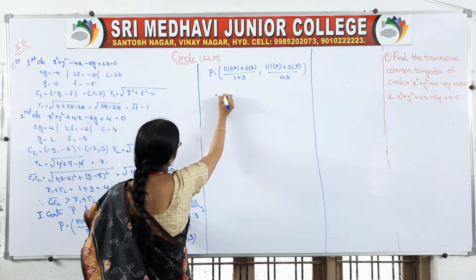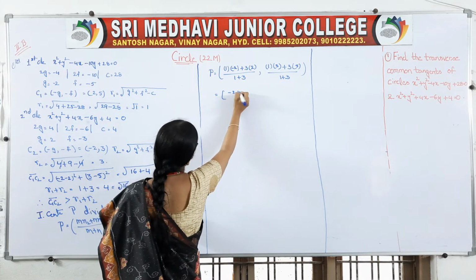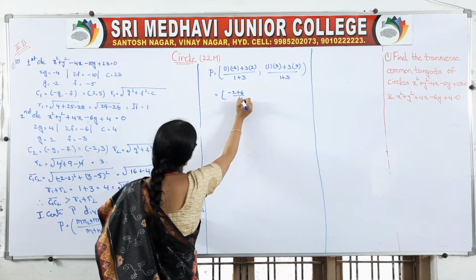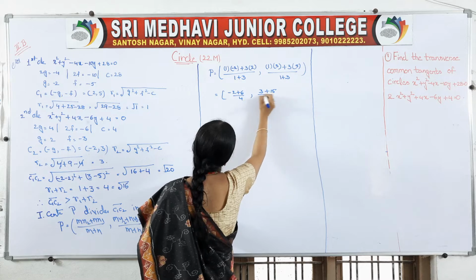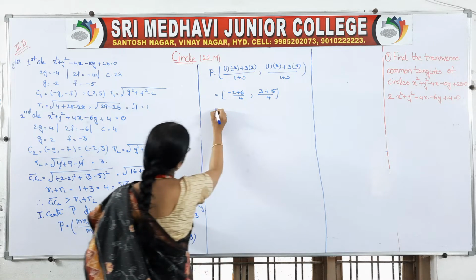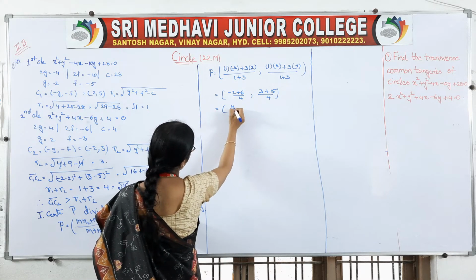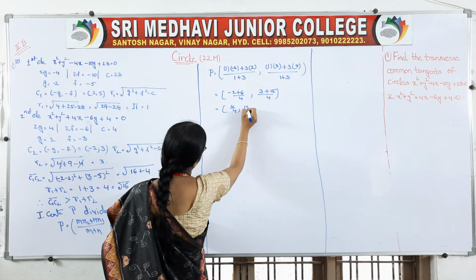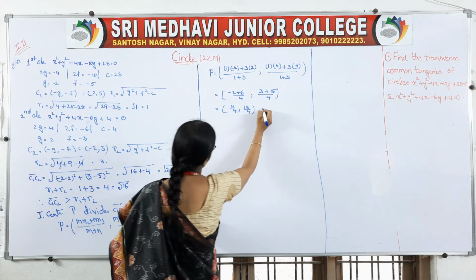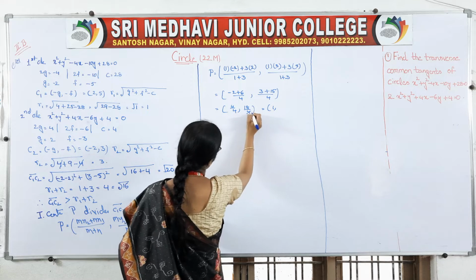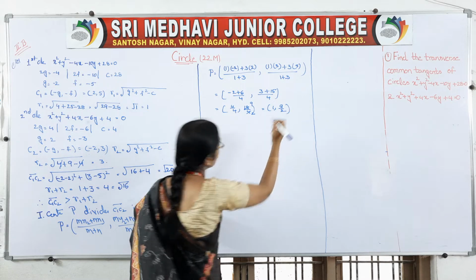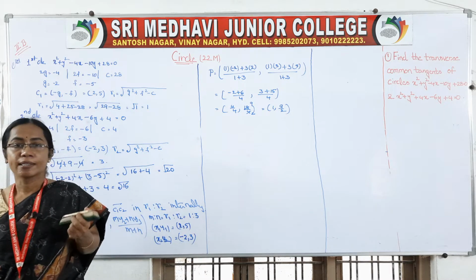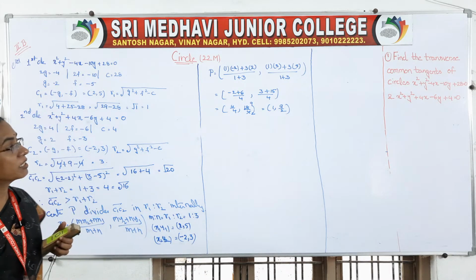So it is minus 2 plus 6 by 4, comma, 3 plus 15 by 4. So that is 4 by 4 and 18 by 4. 4 by 4 is 1, and 18 by 4 is 9 by 2. So this is the internal point.